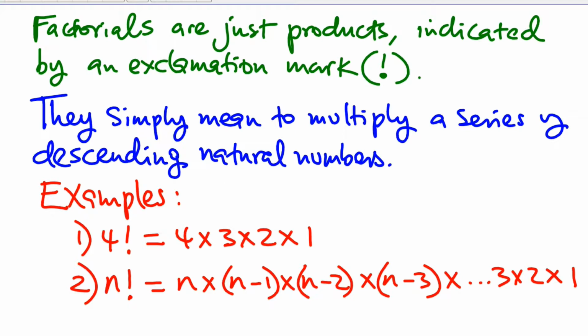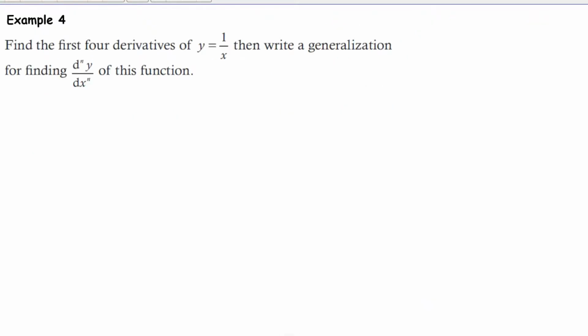So how about if you have n factorial? What that means is that the products will be descending. So that will be n multiplied by n minus 1 multiplied by n minus 2 multiplied by n minus 3 up to 1. So back to the question. In this question, we are supposed to find the first 4 derivatives.